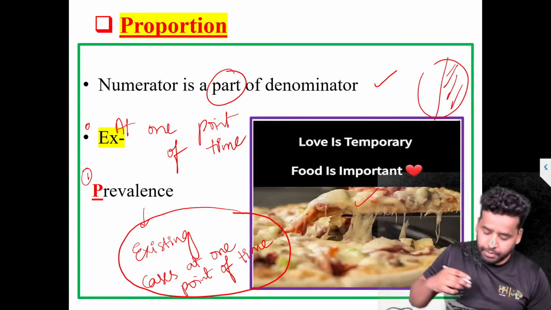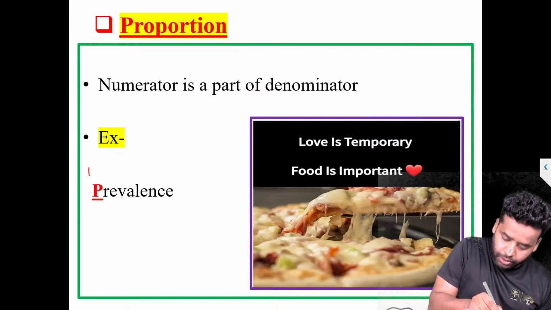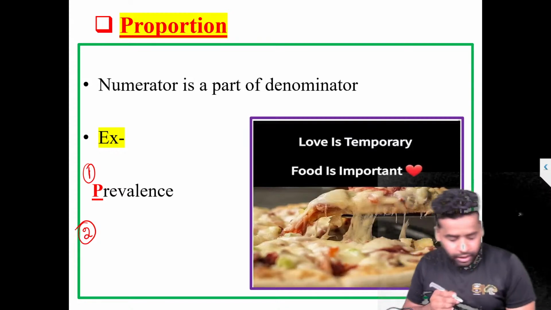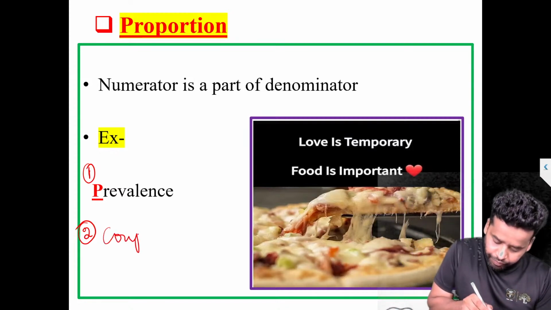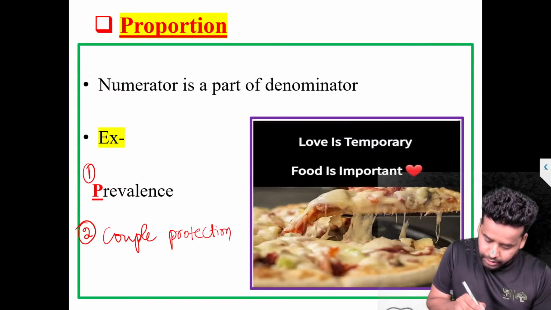That is the second example for proportion. CPR, very good. Couple protection rate.